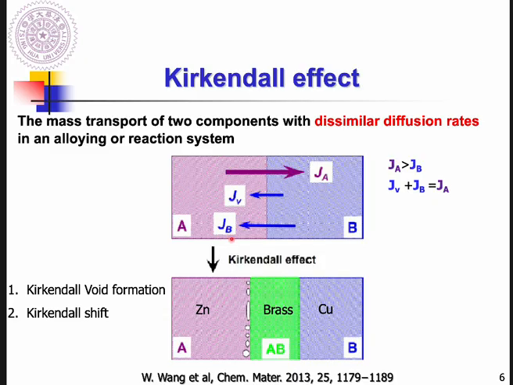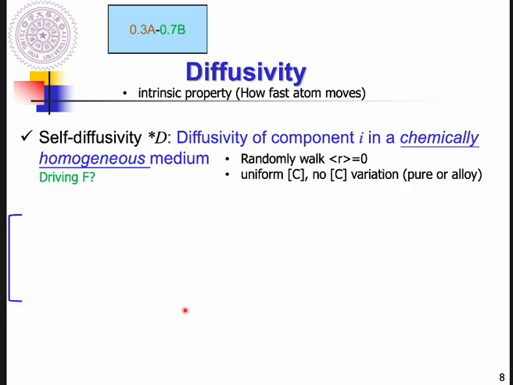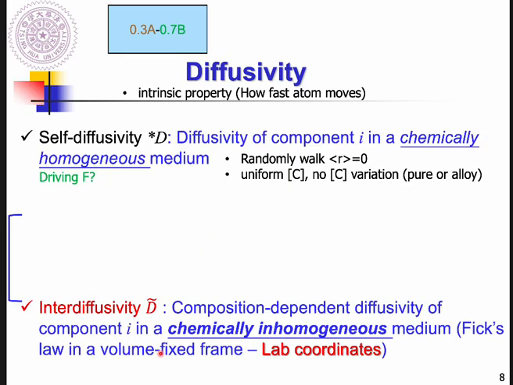We have A material on your left-hand side and B material on your right-hand side, which is chemically inhomogeneous. 它的浓度其实不是均匀的。So you can imagine this is the ideal case, but the real one we deal with for the Kirkendall effect has a composition-dependent diffusivity of component I in a chemically inhomogeneous medium. And this kind of diffusivity we call the interdiffusivity, and we use this symbol to represent it.